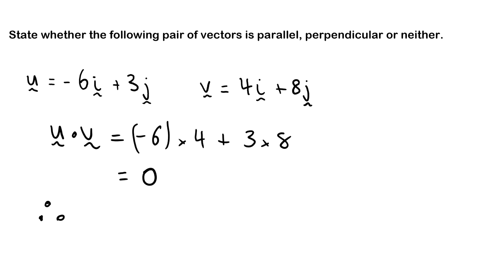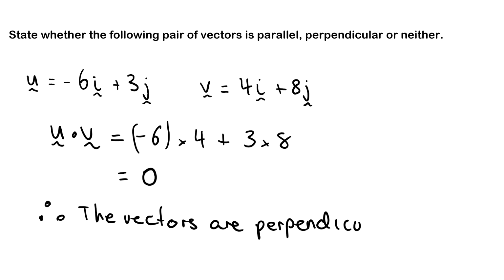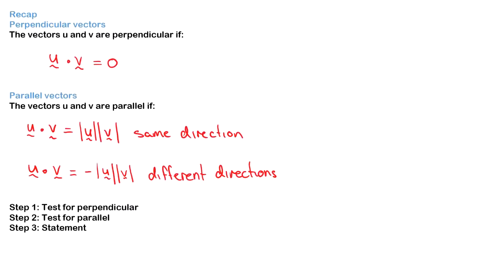Therefore, they are perpendicular. Remember, if our answer was not 0 here, we would then test if they're parallel by finding the magnitudes of vector u and vector v and comparing, and then deciding whether it was parallel or neither. To end the video, we'll do a quick recap.